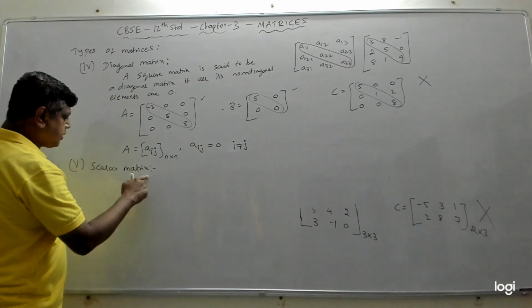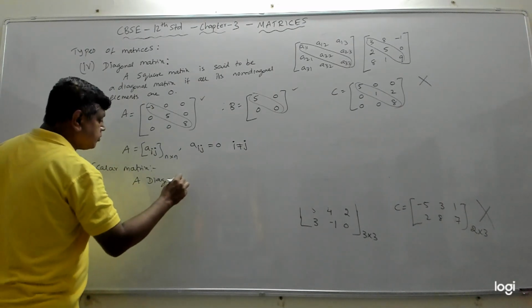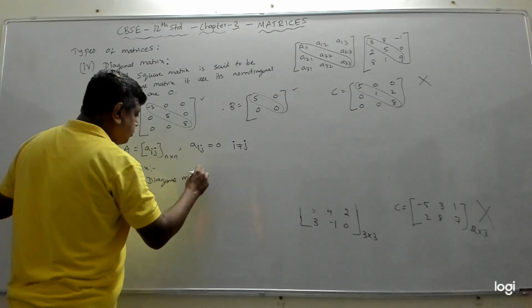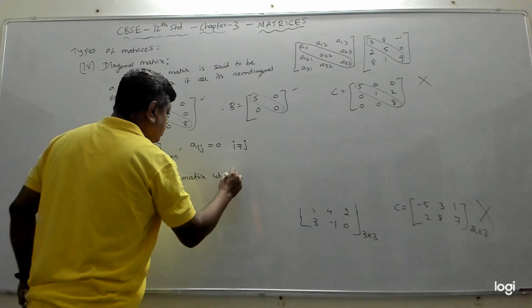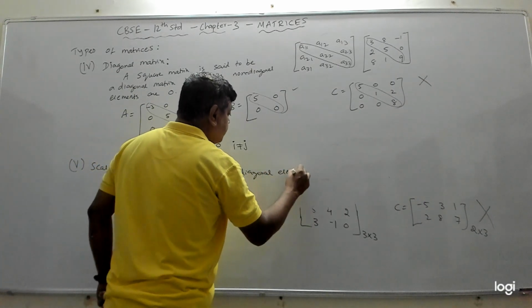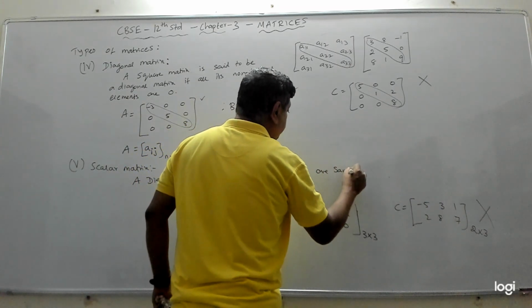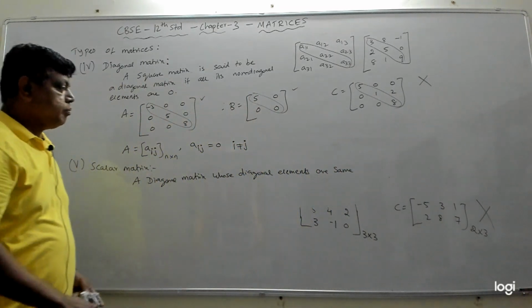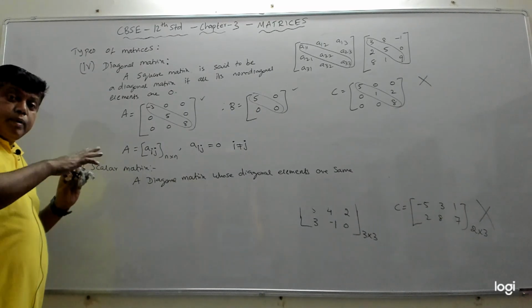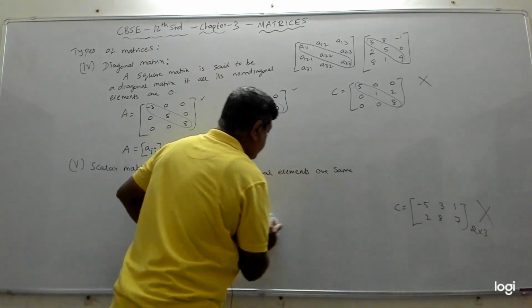The definition of a scalar matrix is a diagonal matrix whose diagonal elements are the same. If the diagonal elements in a diagonal matrix are the same, then we call that matrix a scalar matrix.